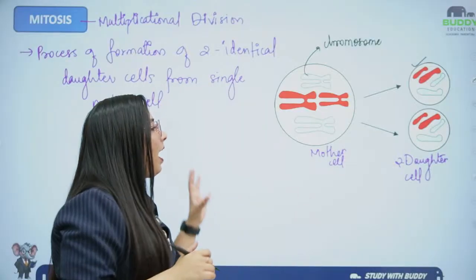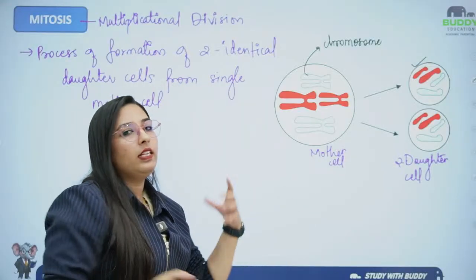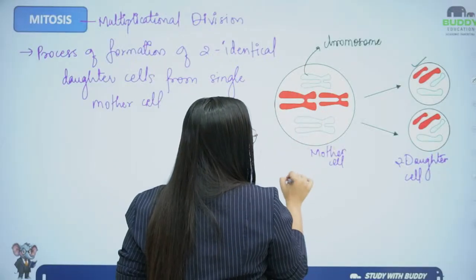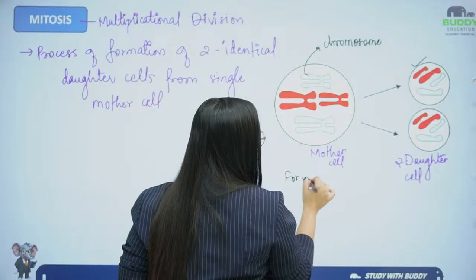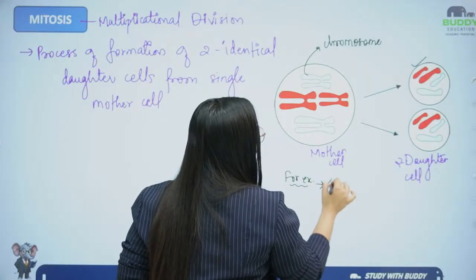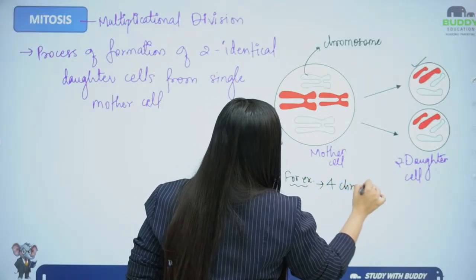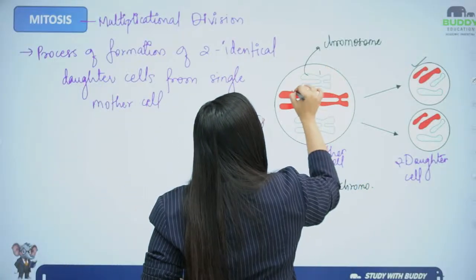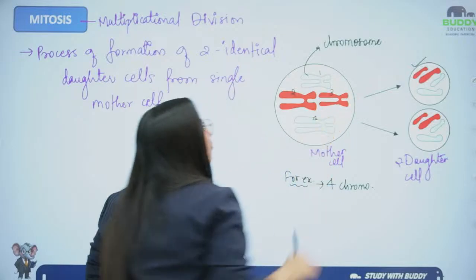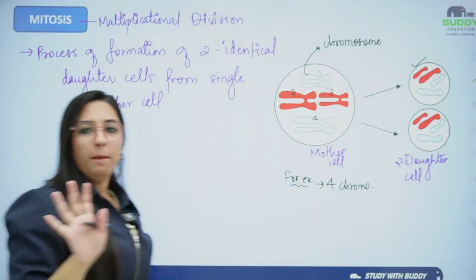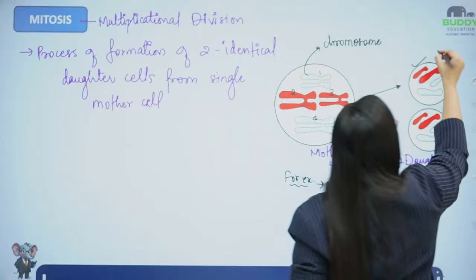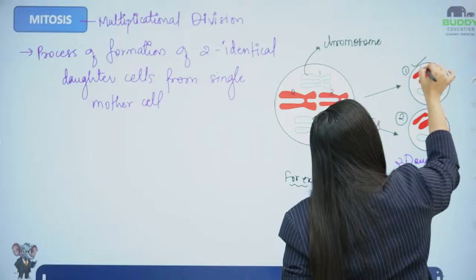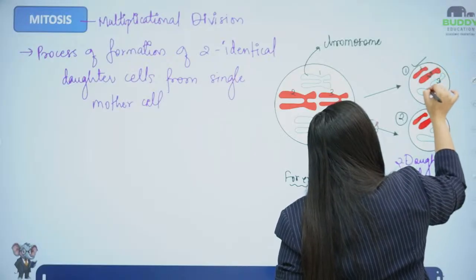Let's take an example, and this is not for real, I'm just giving an example. For example, I have 4 chromosomes in the mother cell. Count: this is 1, this is 2, this is 3, and this is 4. Now count in the first daughter cell: first, second, third, and fourth.